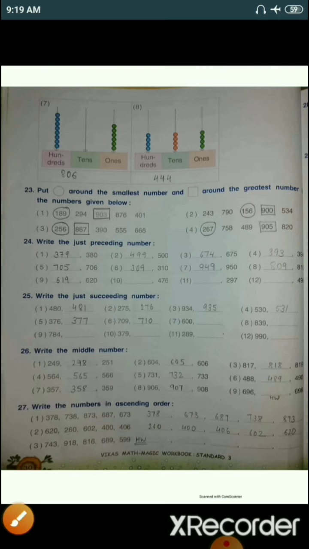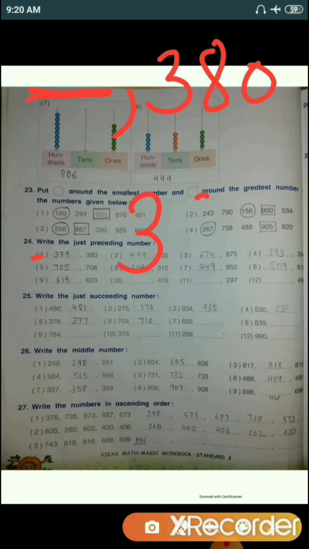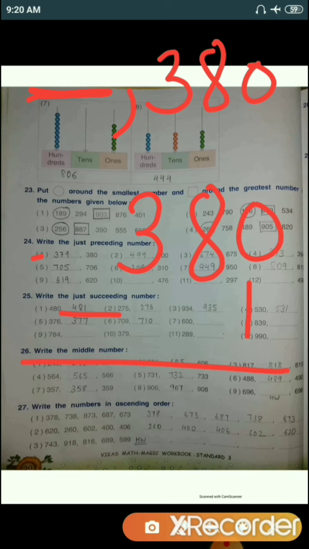So question number 1 is dash comma 380. Now we need to find the preceding number. So I will just subtract 1 from this number. I will cut this 0 and I will write here 10.